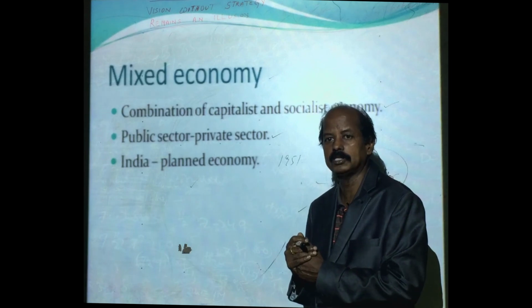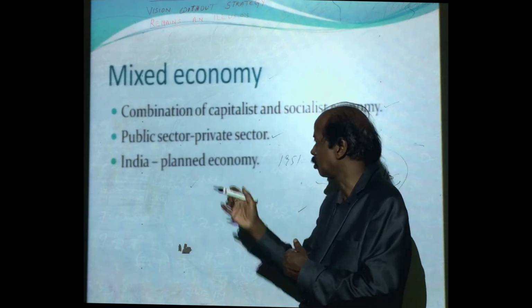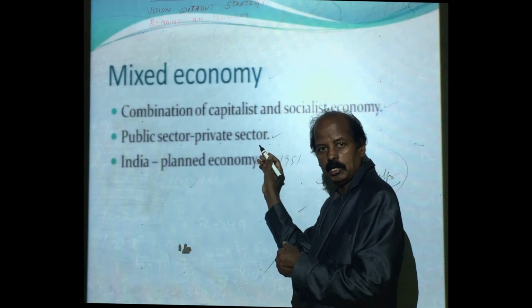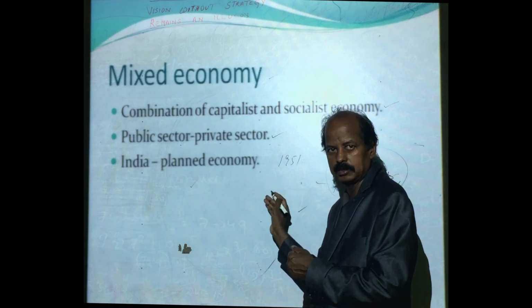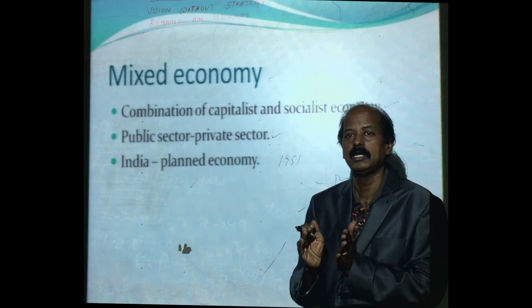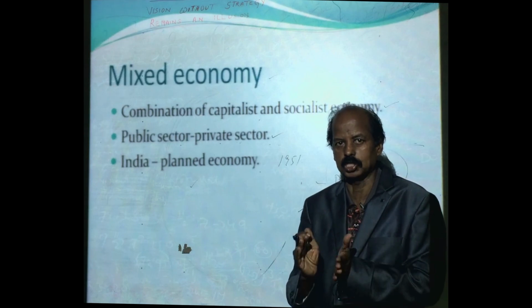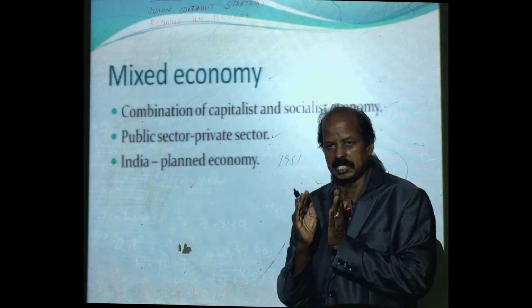But government has been trying to reduce all these economic problems like poverty, unemployment, inequalities in the distribution of income and wealth.